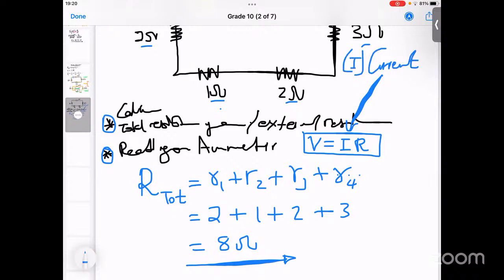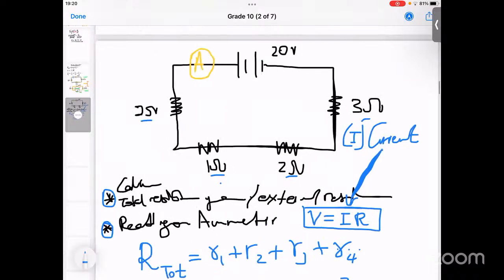We measure the current using an ammeter. So every time they ask what is the current flowing in that circuit, you use that formula and you know it is the I that you'll be looking for. Otherwise, if they say the reading on the ammeter, it is that formula that you use and it is the I that you're looking for.